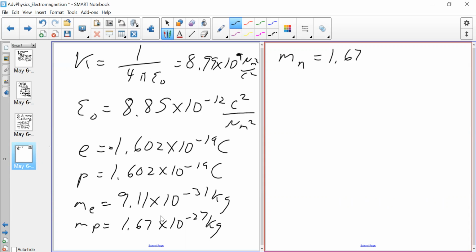A proton is 1.672 and a neutron is 1.674, a little bit heavier than the proton, times 10 to the minus 27 kilograms. But since the neutron is neutral, we typically deal with protons and electrons because we're dealing with charges. Either you're the same charge or the opposite charge.